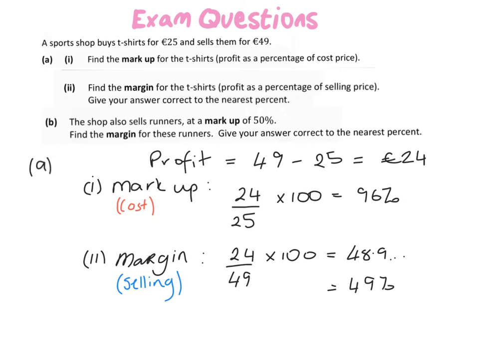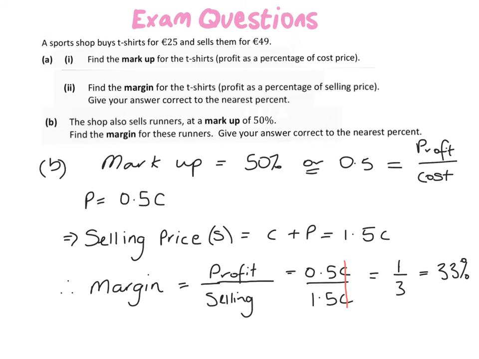Let's look at part B. So looking at this question then, we have that the markup is 50% or 0.5, and markup is profit over cost price. So the profit then is actually 0.5 by the cost price, and we just get that by cross multiplying. Okay, so then the selling price, or S, is the cost plus the profit, so it's 100% of the cost plus the 50%, so it's 1.5 times the cost.